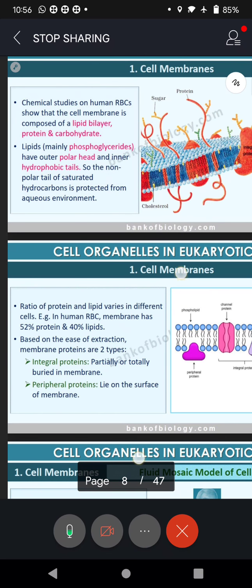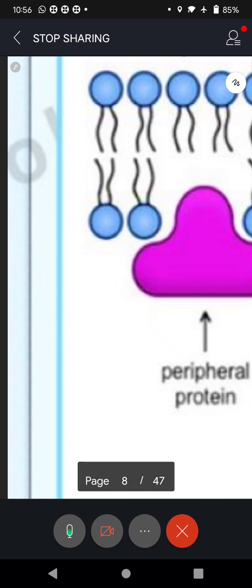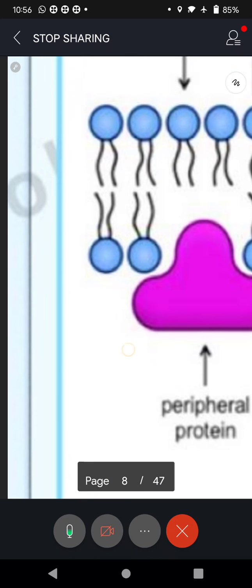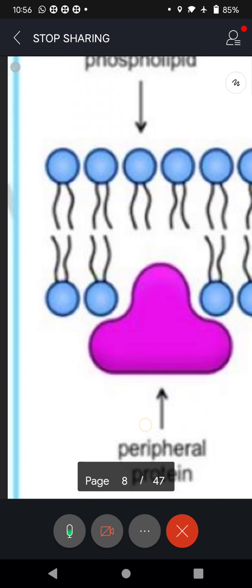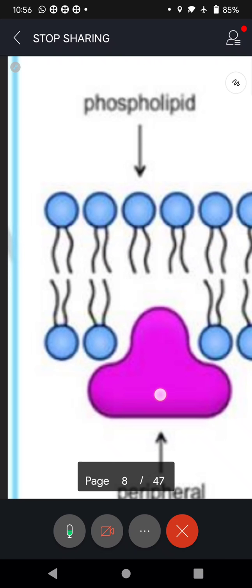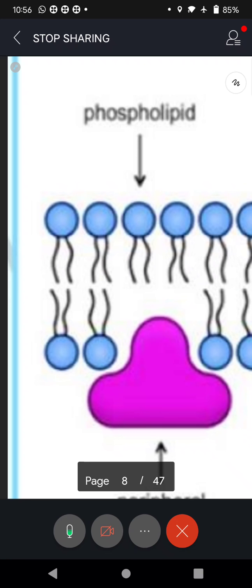Yes, you can see here head region and tail region. The phospholipids have got two areas. Are you able to see? Yes, sir. Yeah, one head region and tail region. And tail region he says hydrophobic.